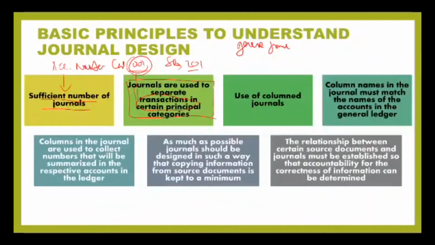And then next, columns in the journal are used to collect numbers that will be summarized in the respective account in the general ledger. So if you make a special journal, like this is for the cash, if this is the cash sales special journal, then the credit will be sales or penjualan.